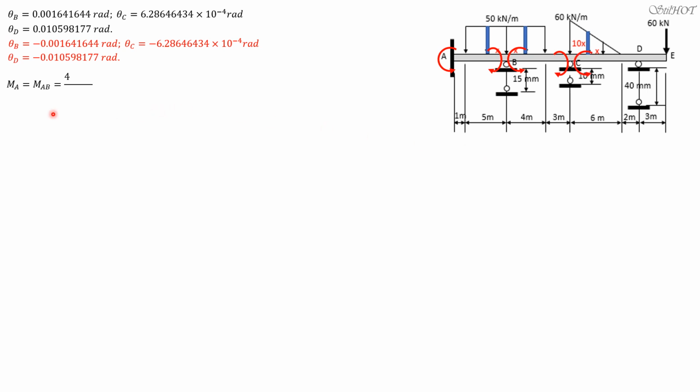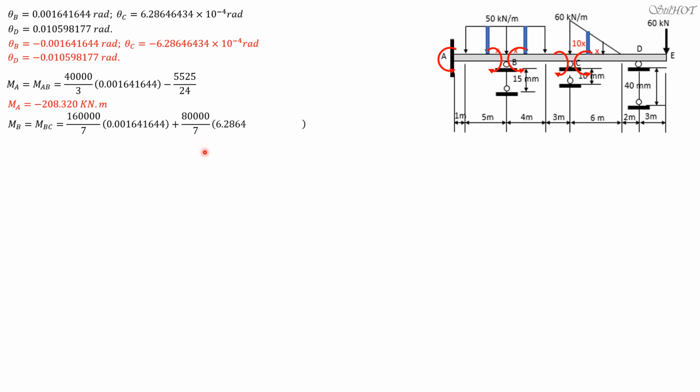Support moment at A is moment AB, 40,000 over 3 theta B minus 5525 over 24, which is the equation in the preceding slide. So moment AB is negative 208.32 kilonewton meter, and that's the final answer because it is counterclockwise. Moment at B is moment BC, so 160,000 over 7 times theta B plus 80,000 over 7 times theta C using this slope deflection result minus 20,000 over 147.